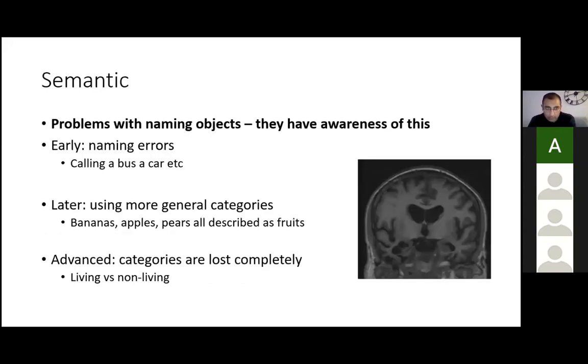And then you get the semantic variant, which is problems with naming objects. They have awareness of this. So early on, they might have naming errors, calling a bus a car. Later on, using more general categories, so apart from saying bananas, apples, pears, they'll just say fruit.